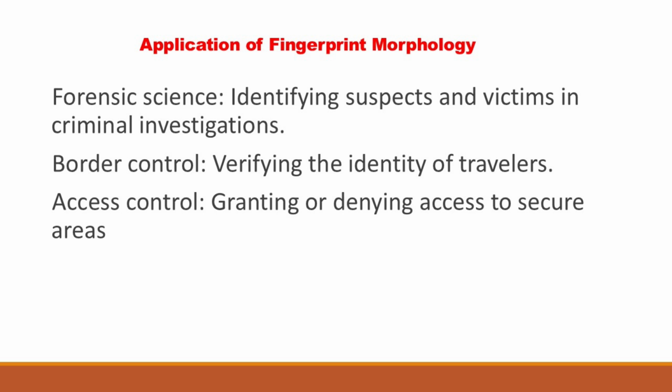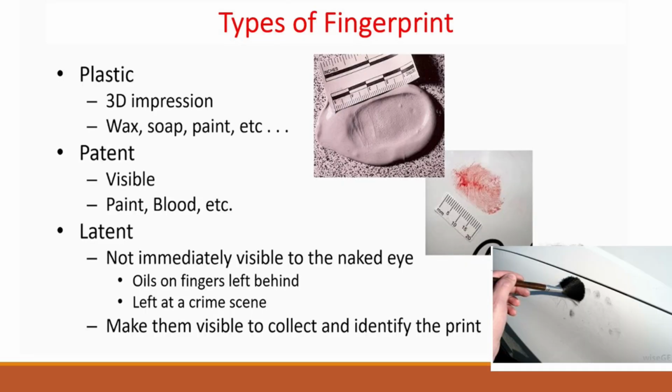Also in forensic science, it is used for identifying suspects and victims in criminal investigation. Also in civil investigation, as in verifying the creator of a document or authenticating a document, it can be used.